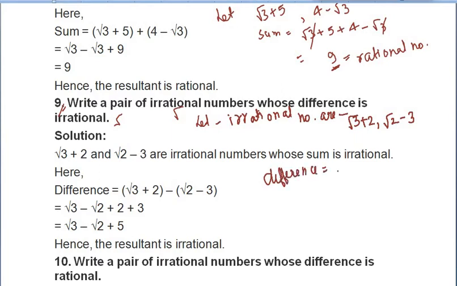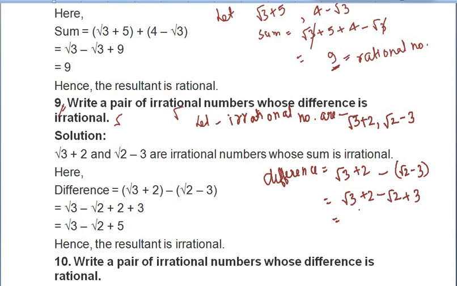Difference means minus. So under root 3 plus 2 minus bracket, don't forget to put the bracket, under root 2 minus 3. Then under root 3 plus 2, the minus will go inside the bracket, the sign will change, minus minus will become plus, and here 3. Now you see, under root 3 minus under root 2, there will not be any change with this.